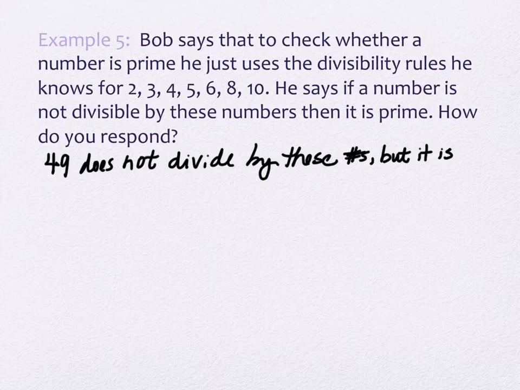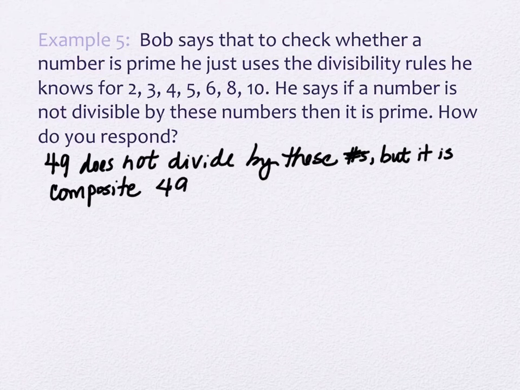But it is composite, right? It's not prime, or you could say it is not prime. So the very fact that we can find an example that doesn't work for this is not good.